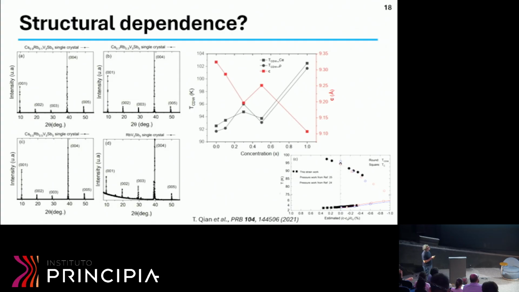As the temperature at which the CDW sets in increases. This is different from what was observed for the pure cesium compound under pressure, where the C lattice parameter decreases and the charge density wave also decreases, okay? So this is something that we are now trying to understand, and of course look again at the data to see if everything is correct. But we have these conflicting results.